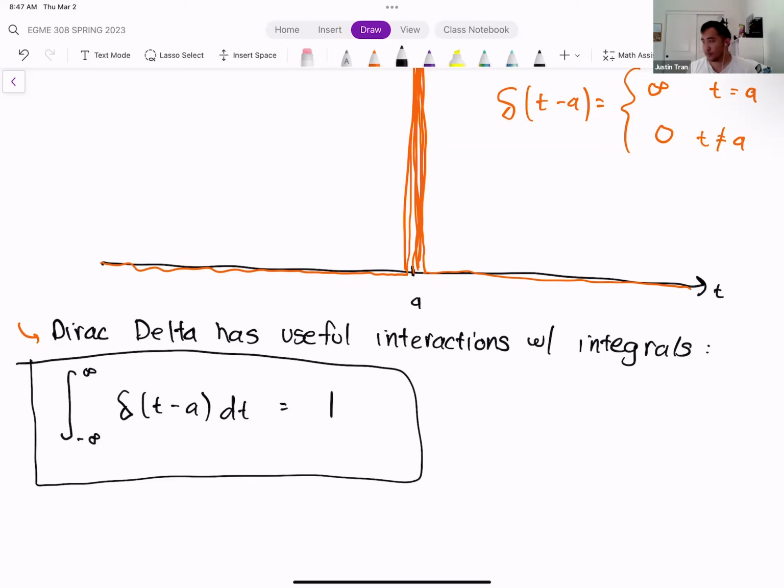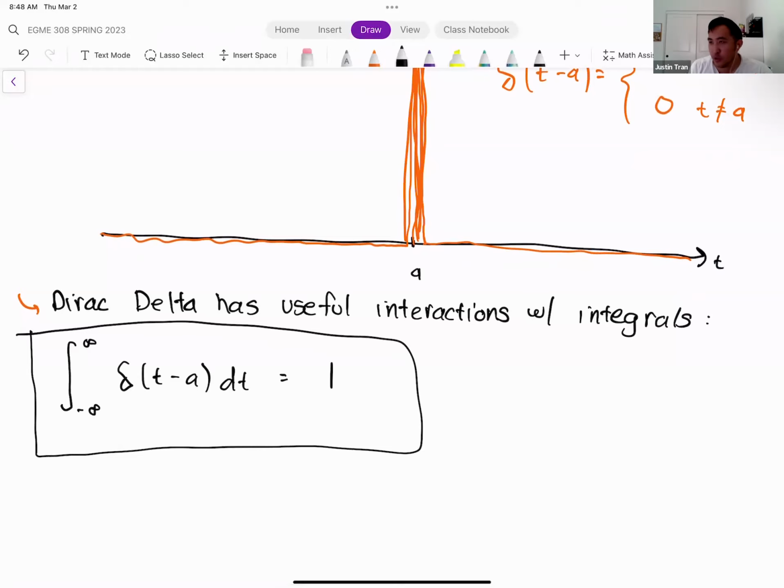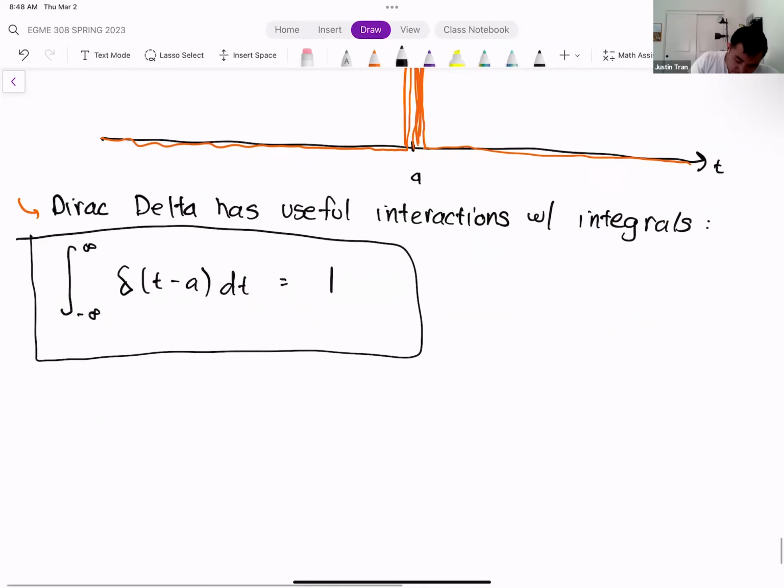It's a function with an infinite value, but also an infinitesimally small duration. That's why we end up with an integral of 1. Let me label this: area under delta curve.